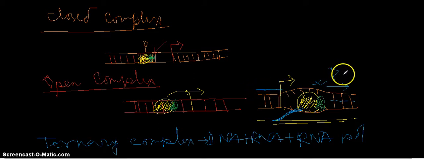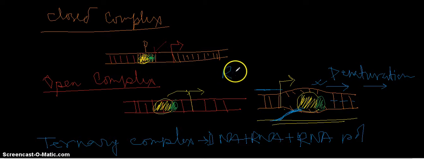So denaturation is in this direction, and renaturation, that means again the association of the two strands together, is in this direction. So as it moves, the RNA gets elongated, and this is the elongation portion.